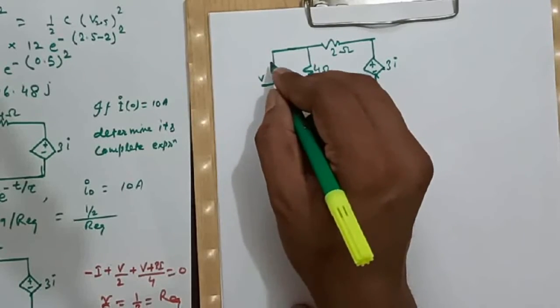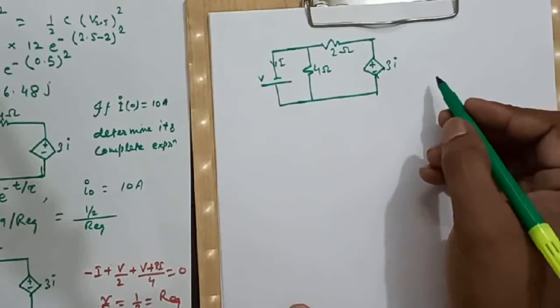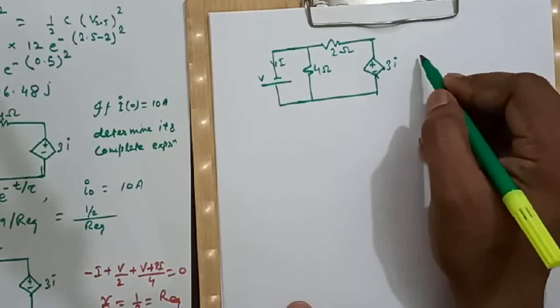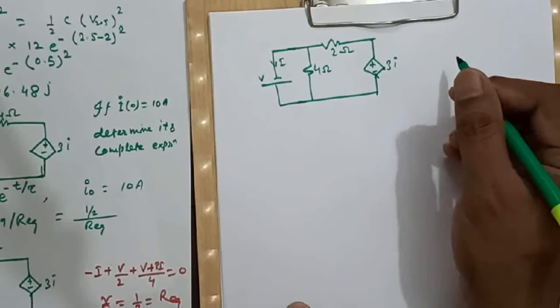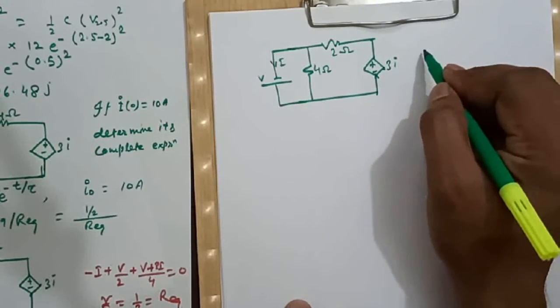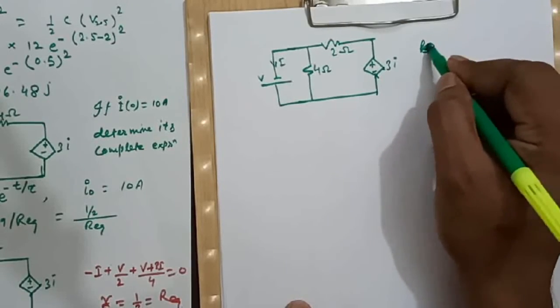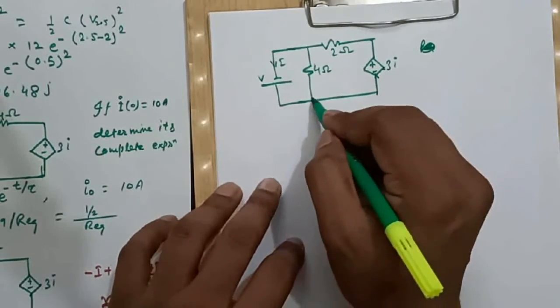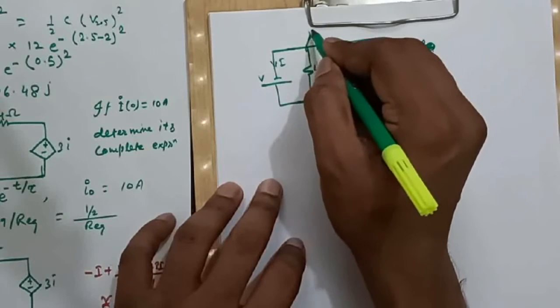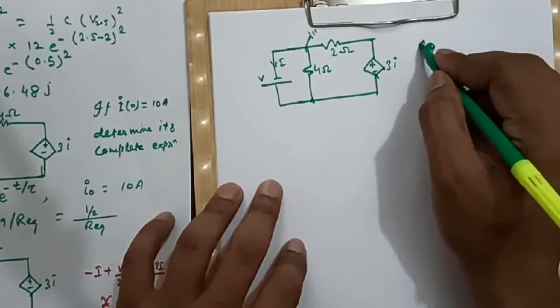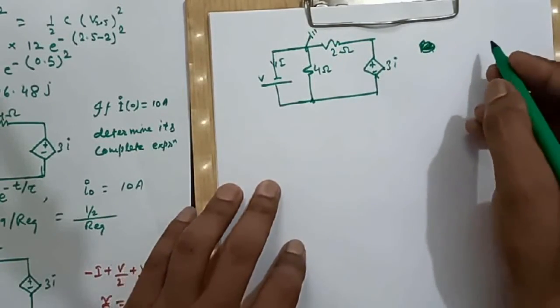This is V, this is I. Now in the same way, calculating the R equivalent, for R equivalent what we will do? We will do nodal analysis here. Let us assume this is the reference.